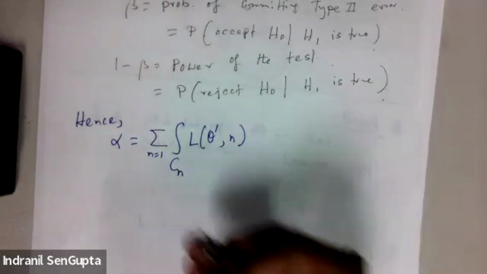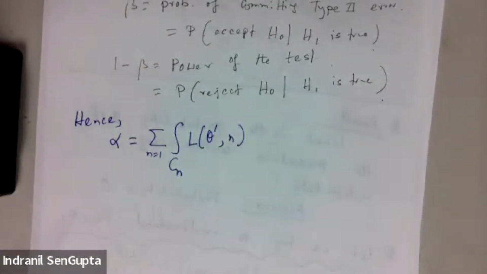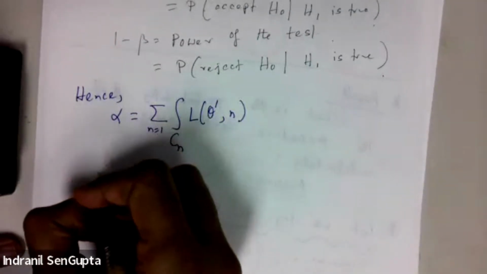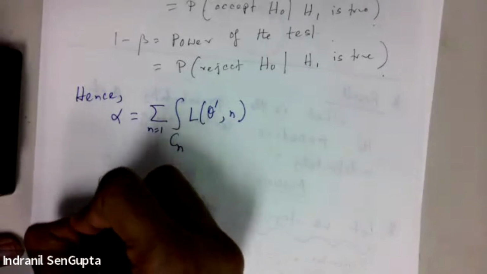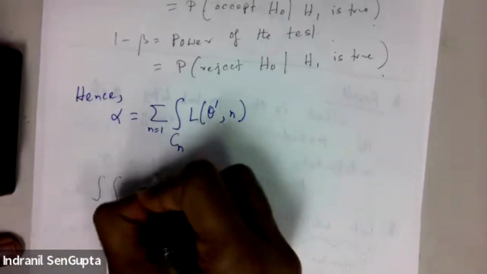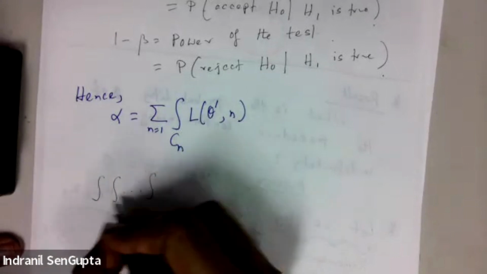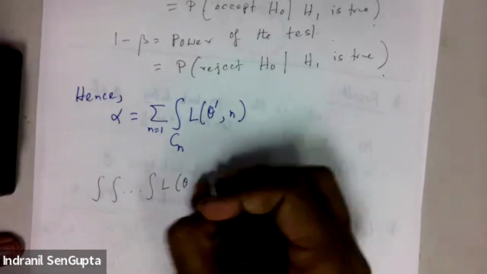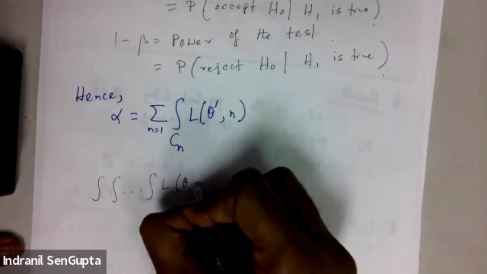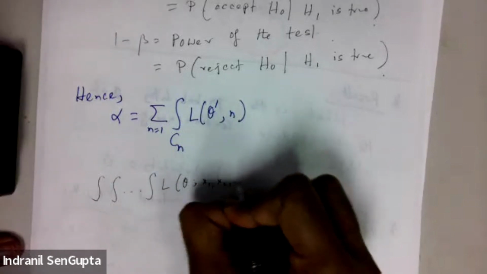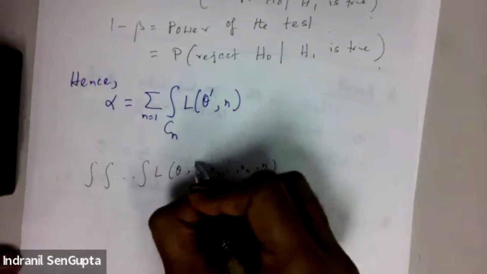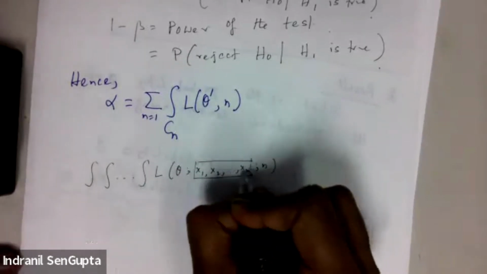I just realized that I never defined this notation, so let me quickly define it. Suppose we have a bunch of integrations, so there are n integrations, with x1, x2, xn and theta, and this n is fixed. Sometimes we drop the x1, x2, xn.